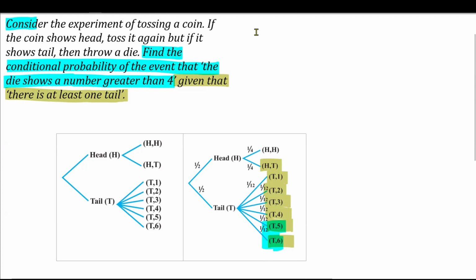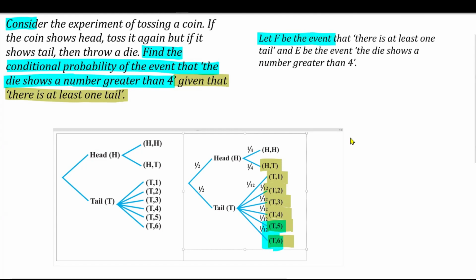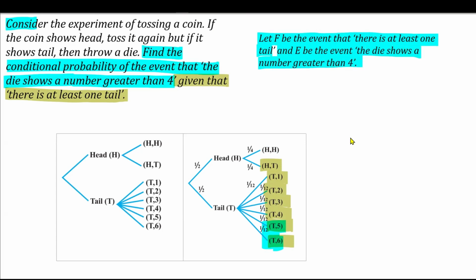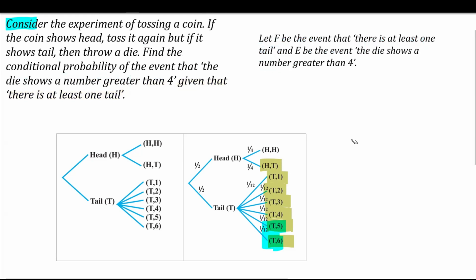So first we take E and F. Let F be the event that there is at least one tail, and E be the event that the die shows a number greater than 4.